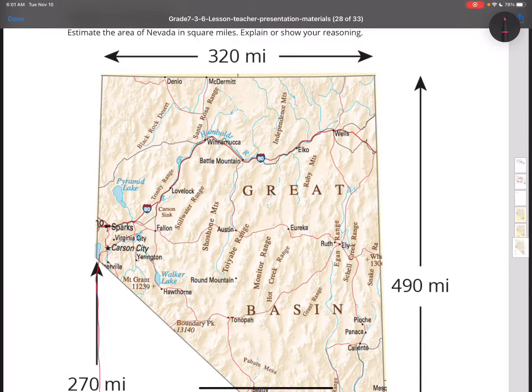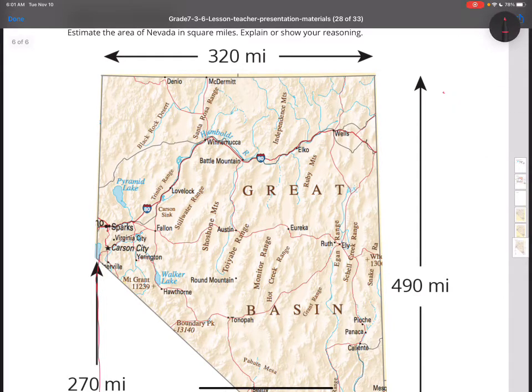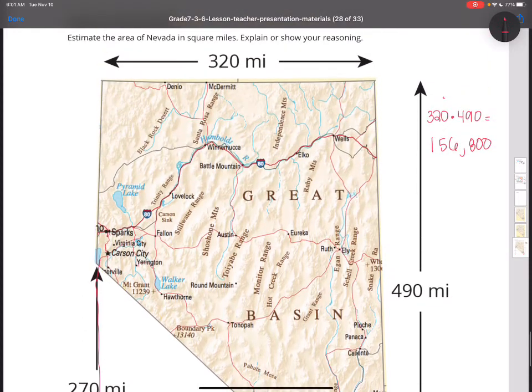So that's what I'm going to be doing right now. 320 times 490, I'm going to write down what I did, would equal 156,800. And that's the area of this whole rectangle.